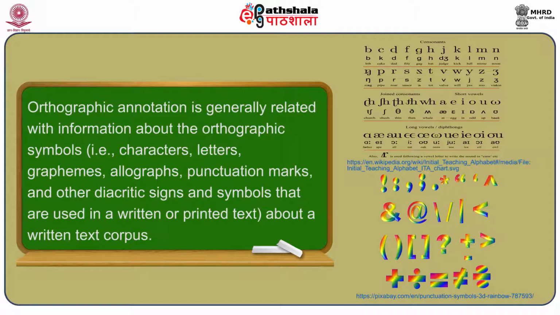Those characters constitute vowels, consonants, clusters, punctuation marks, other various types of symbols, letters, graphemes, allographs, and many other things. So if you make a list, we can find characters, letters, graphemes, allographs, diacritic marks, punctuation symbols, other unique symbols, other iconic symbols, plus signs, mathematical symbols, and various other kinds of symbols in a text, particularly if this is a printed or public text.